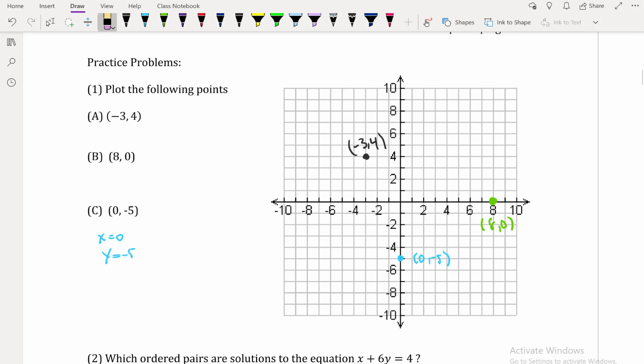So you just really want to be careful on where the x is located. Here, since y is equal to 0, this tells us that we are going to be on the x-axis. In this particular case, we have x is equal to 0. That tells us that we are going to be on the y-axis.